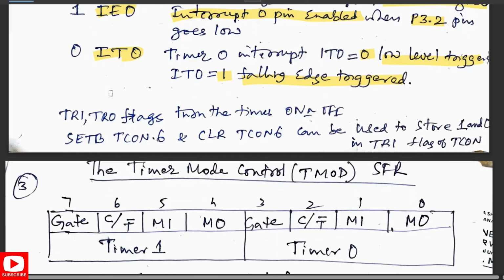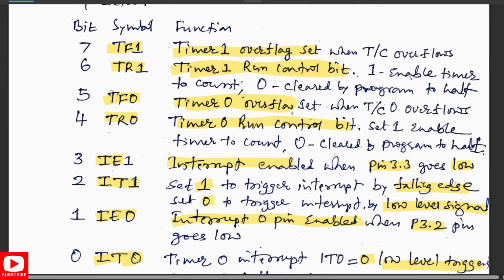Another thing you have to notice: TR1, TR0, I mean the starting 4 bits, the start and stop of the timer depends on these. And this other part says it is the external hardware interrupt, whether it is INT0 or INT1.